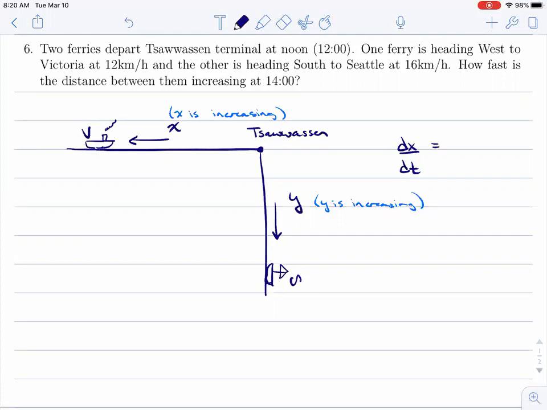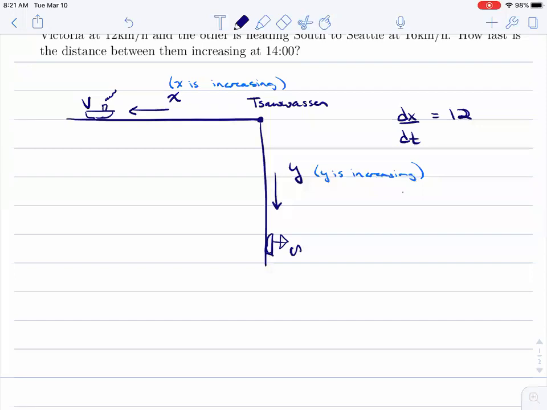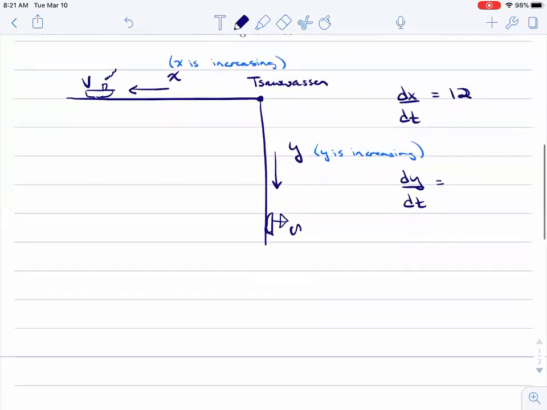And so we know dx/dt, that's a rate, is 12 kilometers per hour, but I'm going to ditch the units for a bit, to make it easier to look at. But also we know dy/dt, the change in Y over time, is 16 kilometers per hour. Fine, I'll put the units on. Although I find it gets a little bit confusing with the units, but I guess it's proper.